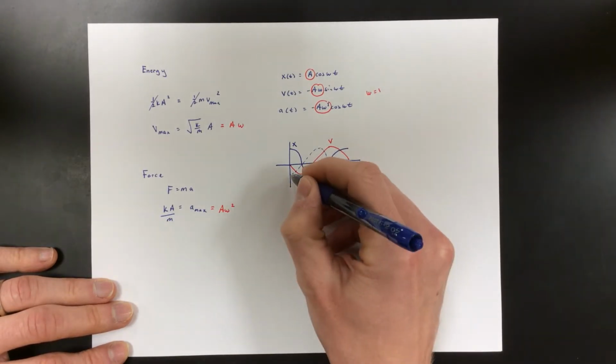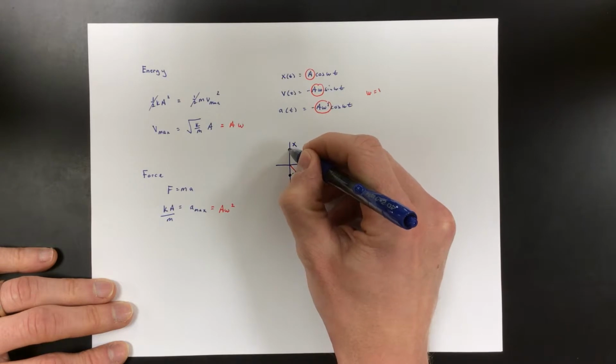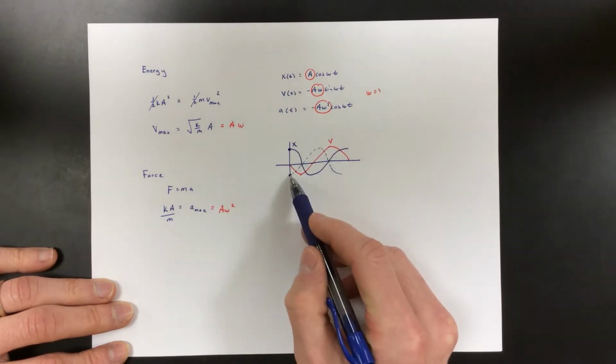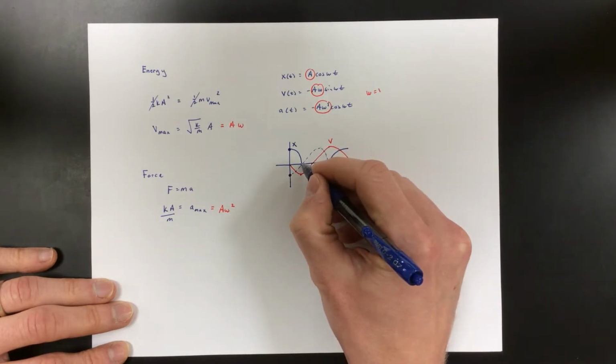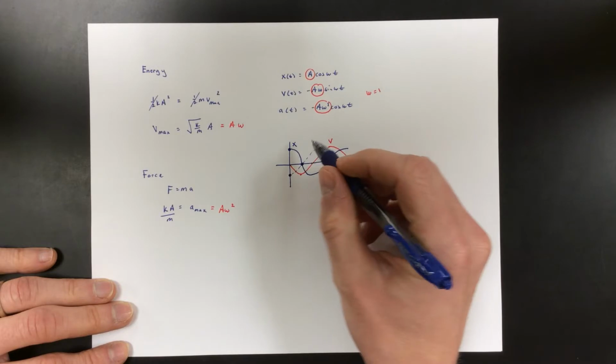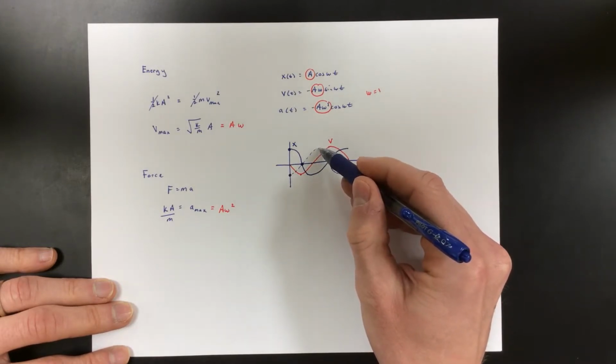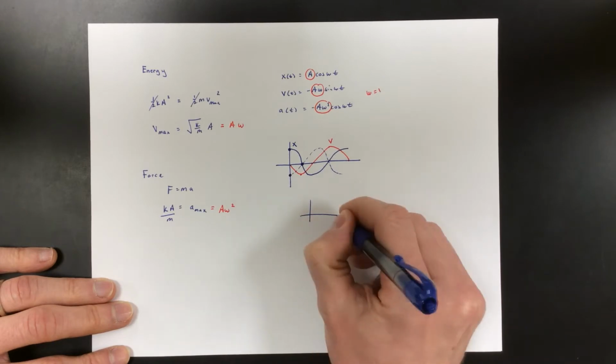And look at that. The acceleration is going to be the biggest negative when the position is at its biggest positive. Fully stretched, accelerating the fastest to the left. No stretch, no acceleration. Fully compressed, biggest acceleration to the right. And just think of this mass on a spring.